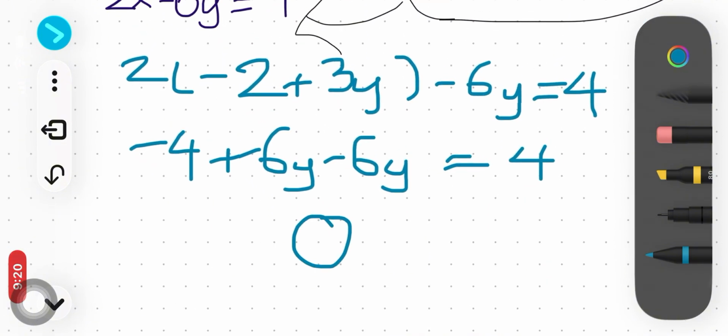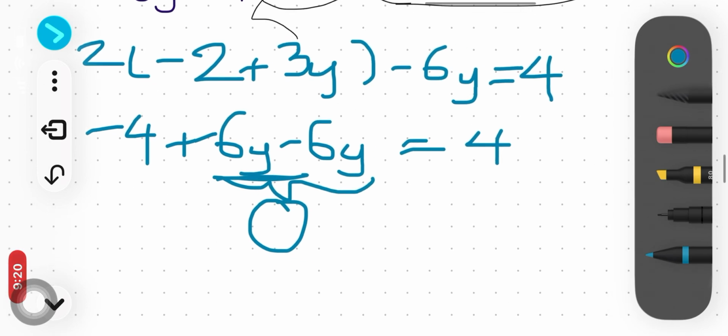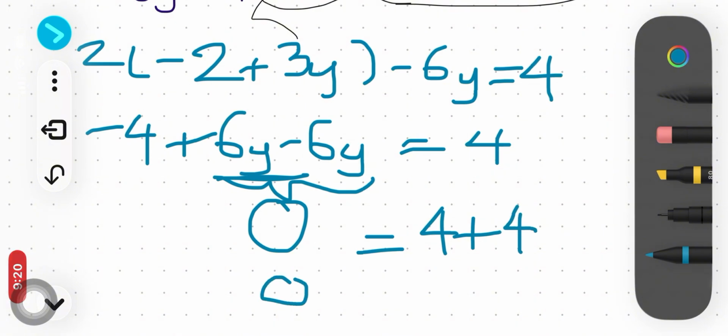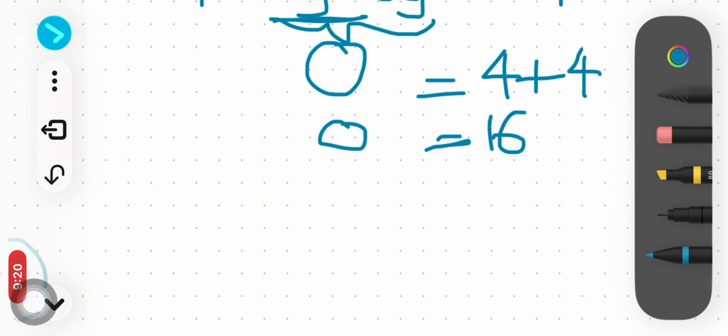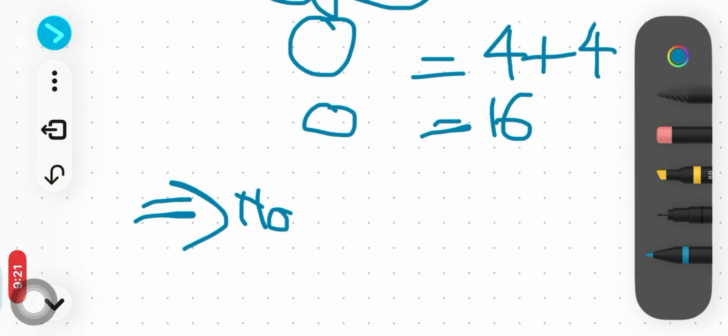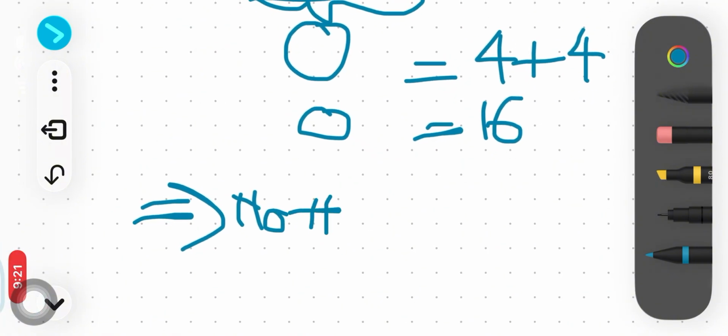Six y minus 6y is 0, and on the other side we have 16. So because 0 can't equal 16, that means that we have no solution here.